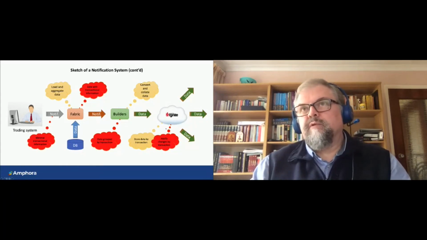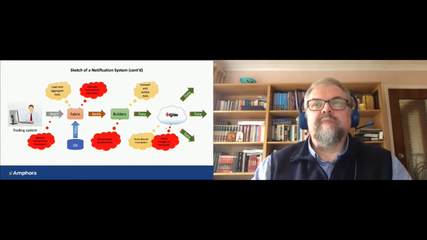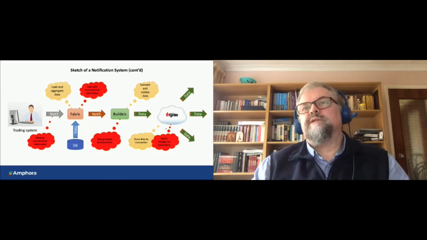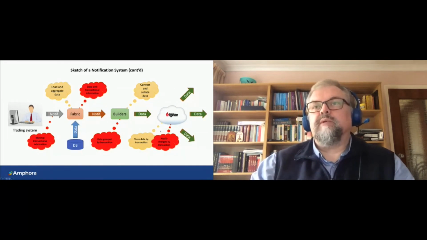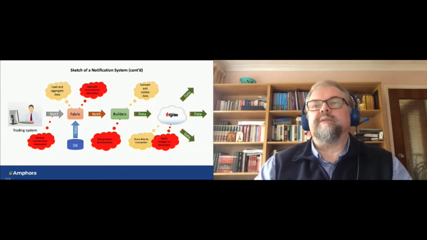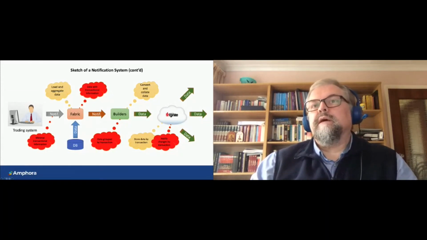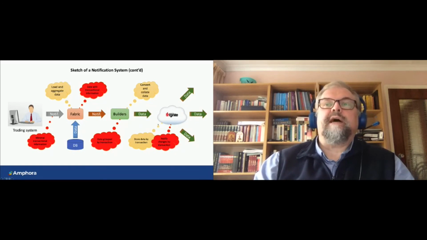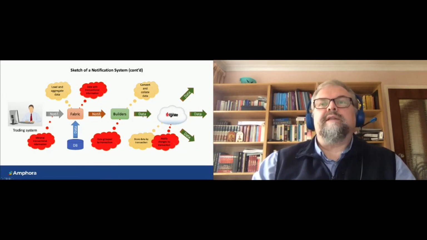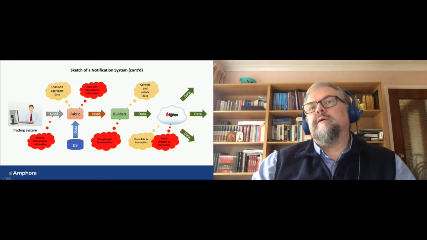Before I move on to the next slide, there are a few requirements put upon this notification system, and especially upon this portion that is based on Ignite. First of all, no data has to be lost. Transactional boundaries have to be respected, and the contiguity has to be maintained.